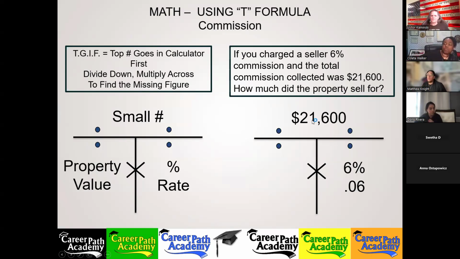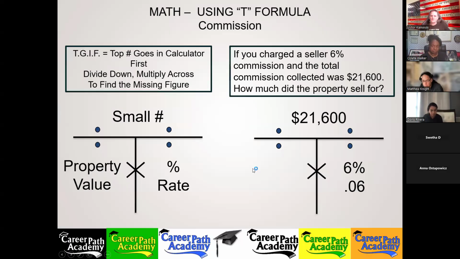Well, I already plugged the numbers into the T formula here for you. Small number always goes up top, and that would be the commission that's collected versus the sale price. Then you got the percentage that you charged the owner, which was 6%.